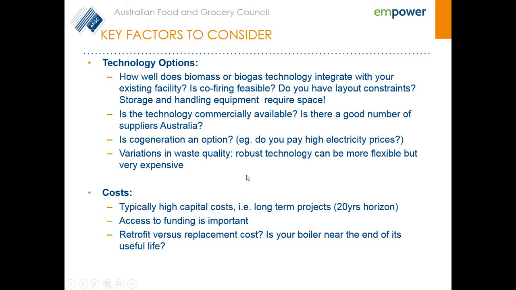In terms of savings, we spoke about energy savings, which is mostly thermal, and electricity in the case of using biogas in a cogeneration unit. But there are also other savings in terms of the reduction in waste, where you're already spending a lot in disposal costs, or savings in terms of water.